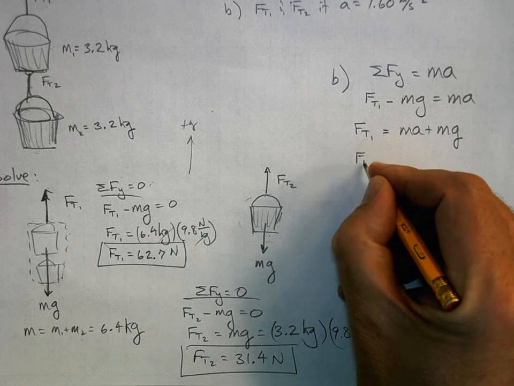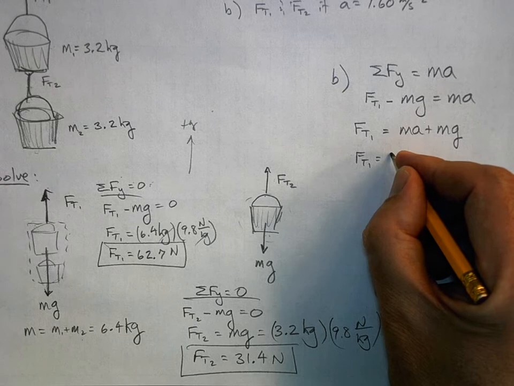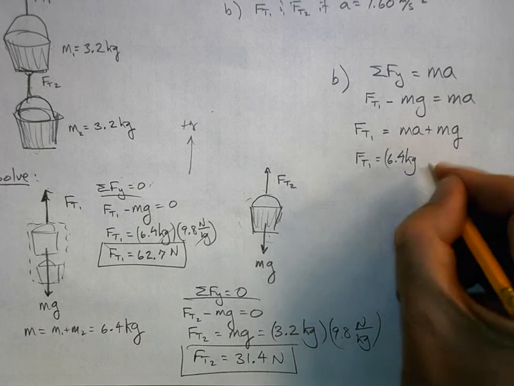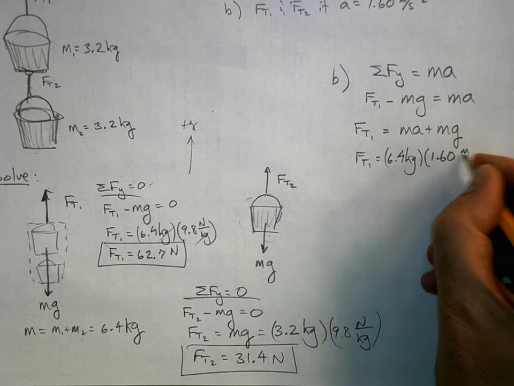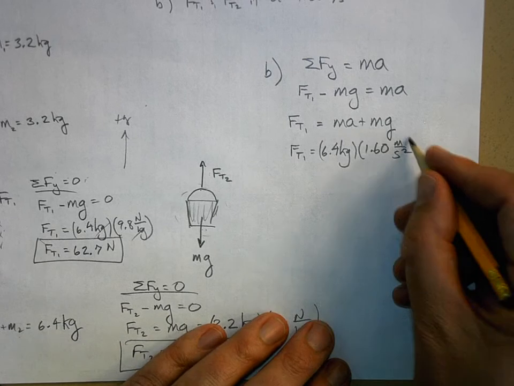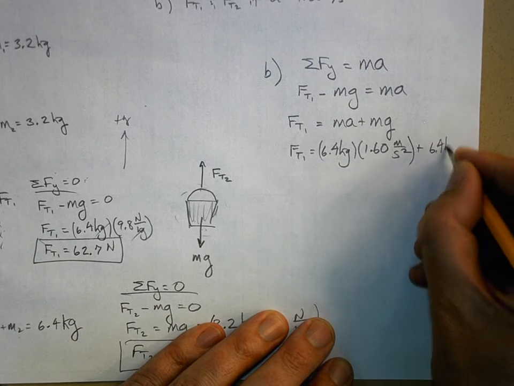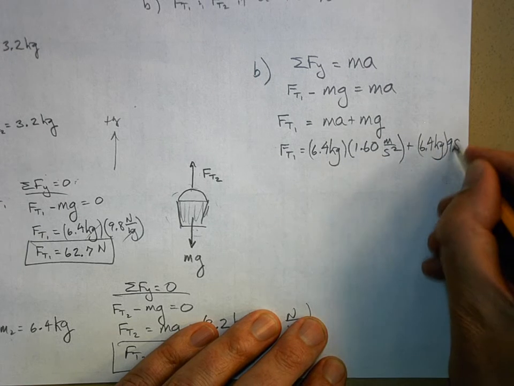So the tension force is equal to ma, which is, again, 6.4 kilograms times 1.60 meters per second squared, plus mg, which is 6.4 kilograms times 9.8 newtons per kilogram.